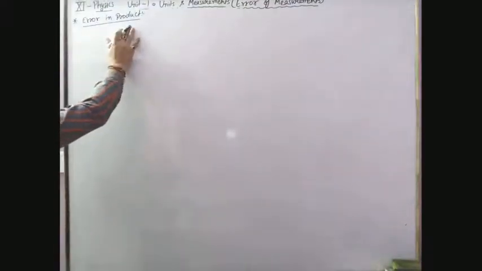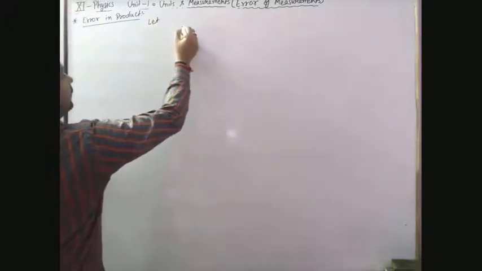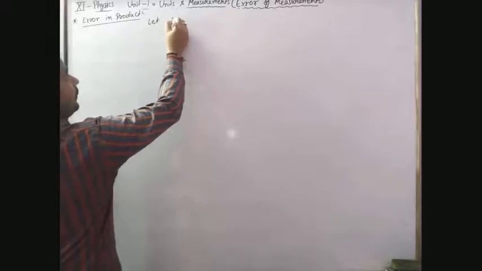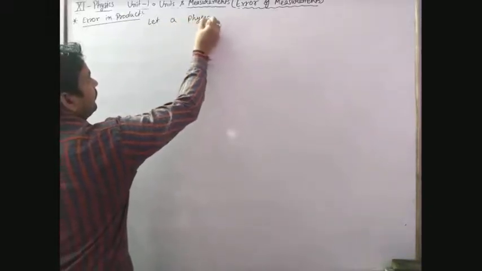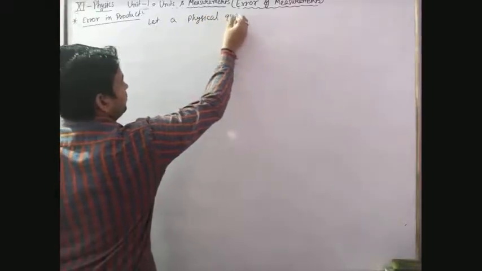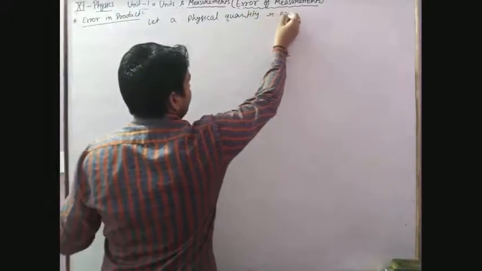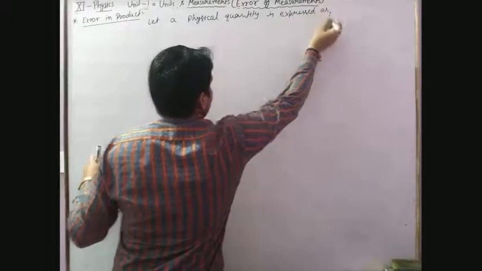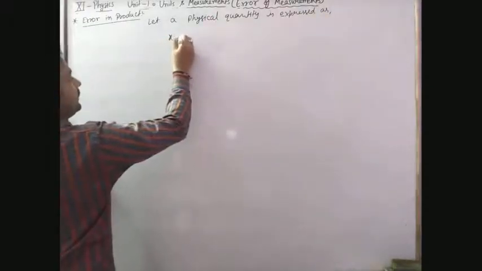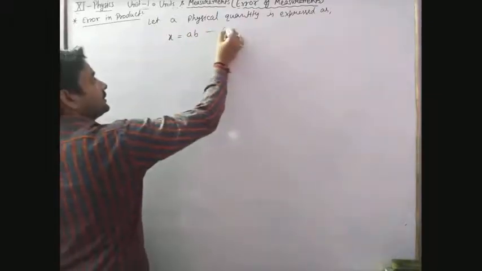Okay students, next we have error in product. Okay, let a physical quantity be expressed as x is equal to a into b. Okay, so this is first equation.